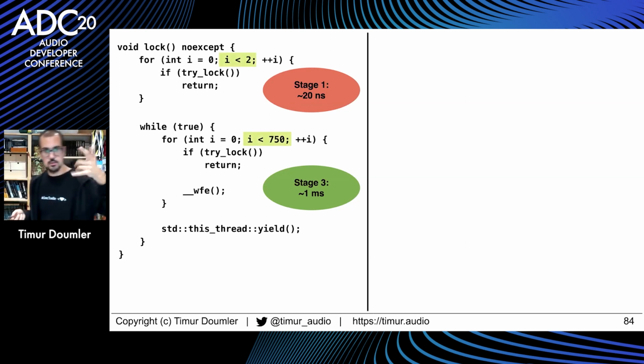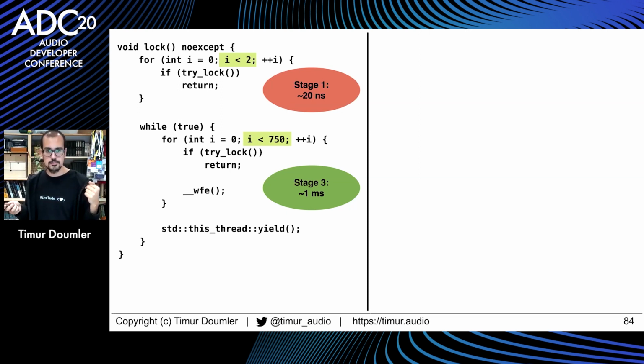And then I just tune the numbers here to, again, stay for about 20 nanoseconds in the first stage, and about 1 millisecond in this stage, which is about 1 audio callback, roughly order of magnitude.